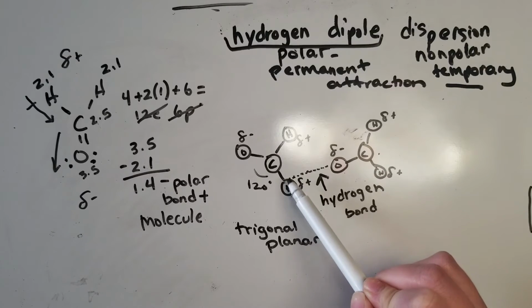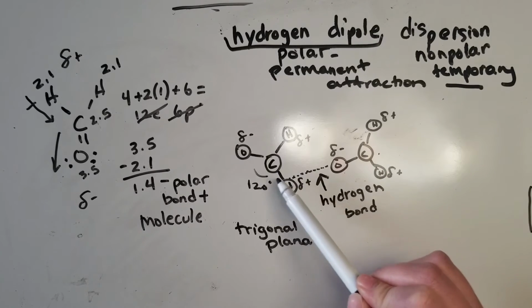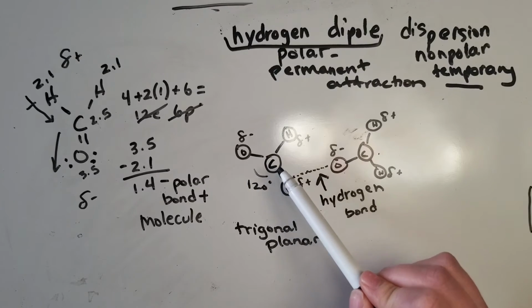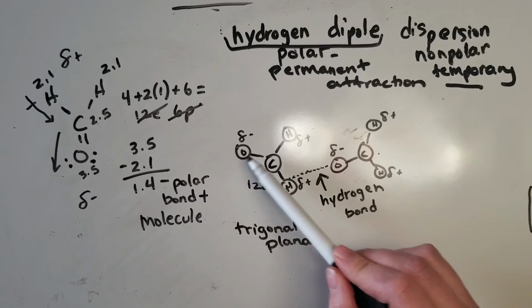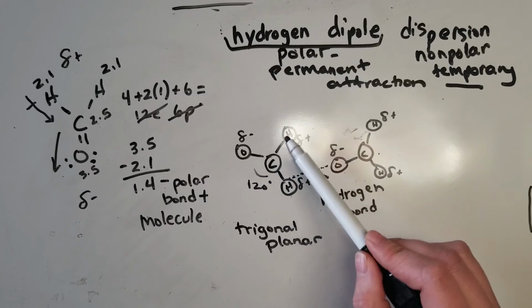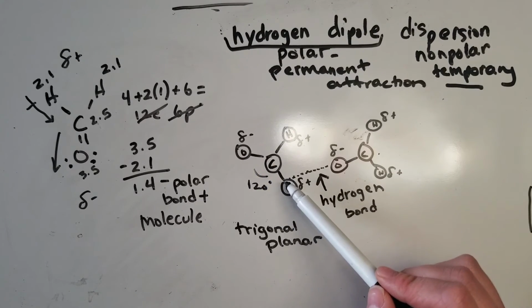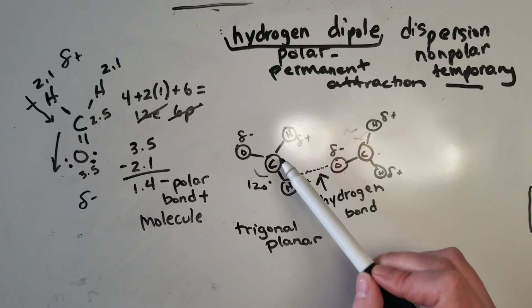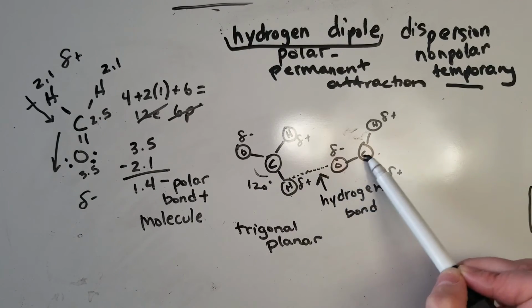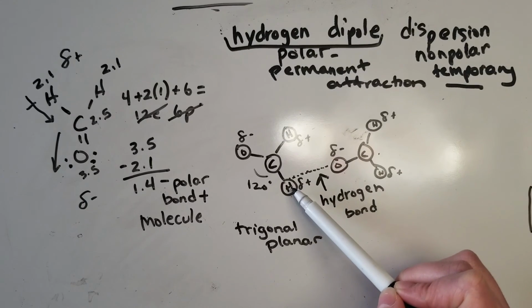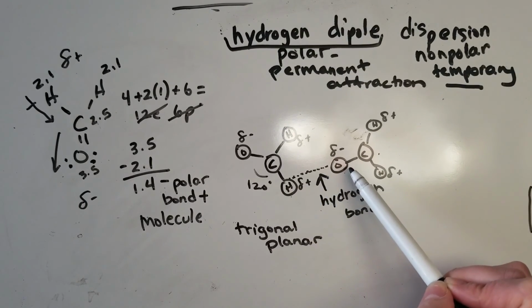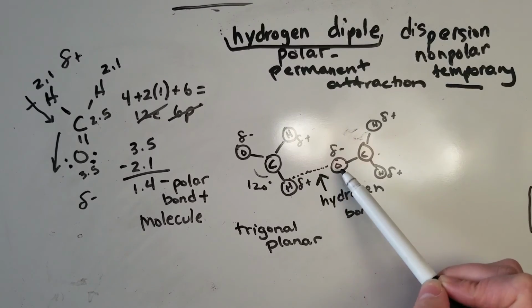And someone might look at the carbon and the hydrogen or the carbon and the oxygen and say, oh, that's going to be dipole, not a hydrogen bond, because it's not hydrogen to oxygen internally. Well, that's not the case. You don't look internally, you look externally at the two different molecules. And so because the hydrogen on one molecule attracts the oxygen on the other molecule, it is a hydrogen bond.